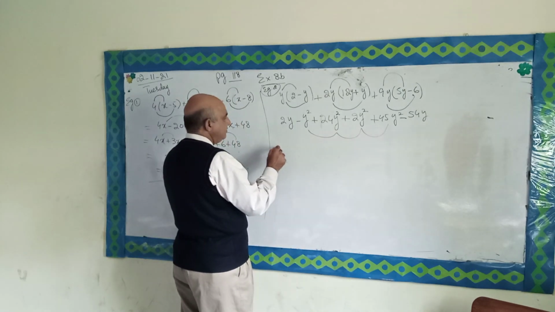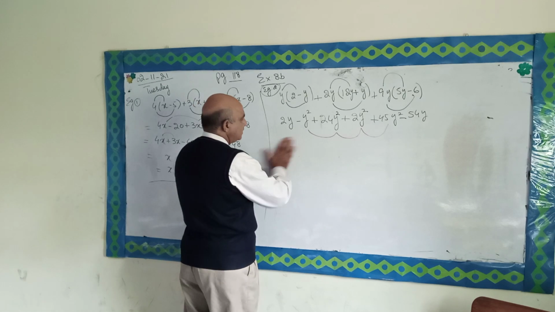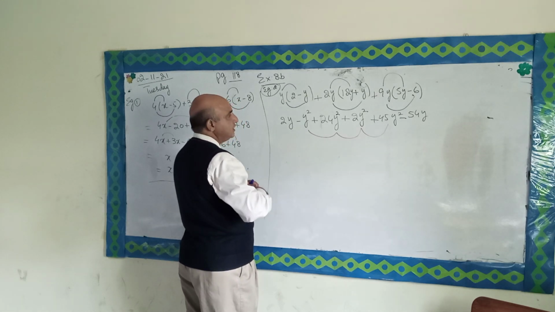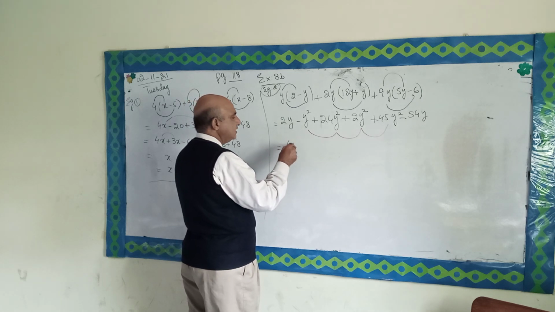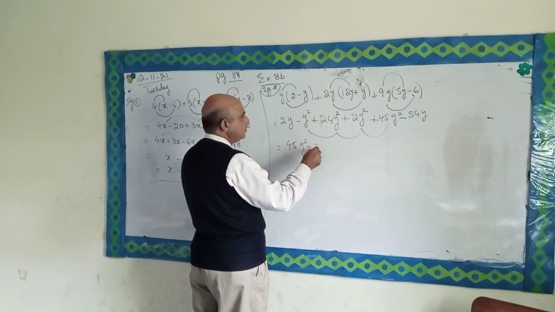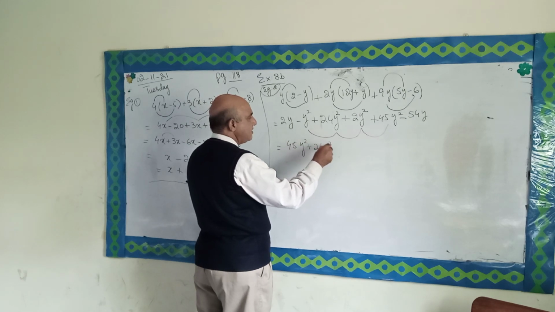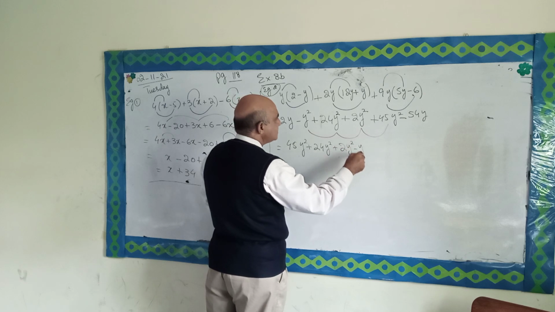So we write here 45y square plus 24y square plus 2y square minus y square.